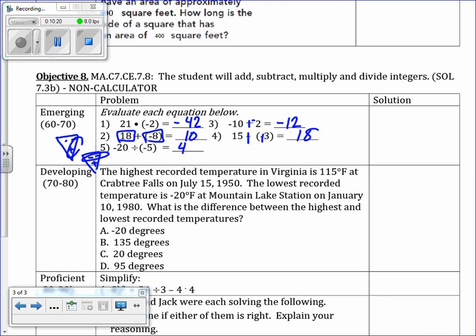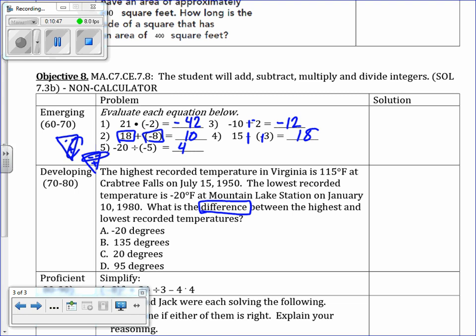Okay, developing. The highest recorded temperature in Virginia is 115 degrees Fahrenheit at Crabtree Falls on July 15, 1950. The lowest recorded temperature is negative 20 degrees at Mountain Lake Station on January 10, 1980. What is the difference between the highest and lowest recorded temperatures? First thing we need to know is what difference means.